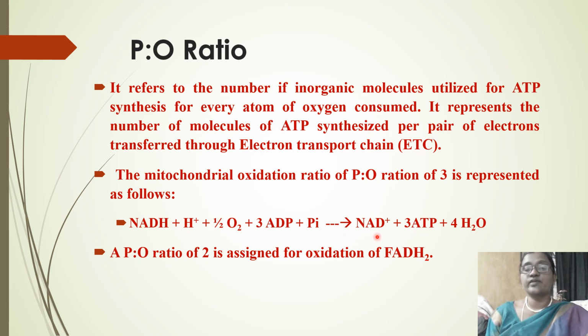This is how we represent the equation. 3 indicates that 3 ATP are generated. In the same way, if it is 2, we assign it to FADH2 and not to NADH plus H plus. If the P-to ratio is 2, it indicates FADH2. If it is 3, it indicates NADH plus H plus.